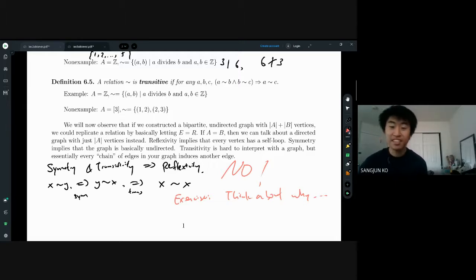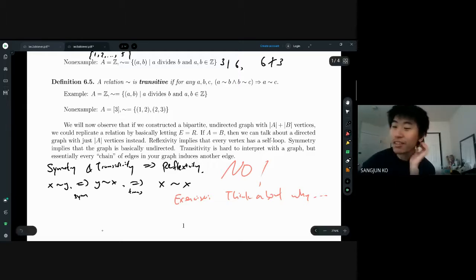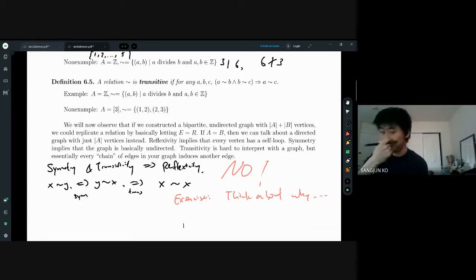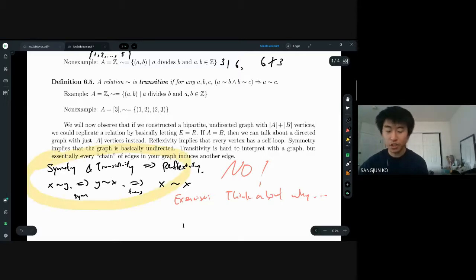Okay, but this proof is wrong, right? And I thought it was, and for a few hours I thought this was true, but this is not true. So symmetry and transitivity do not imply reflexivity. Does that make sense?